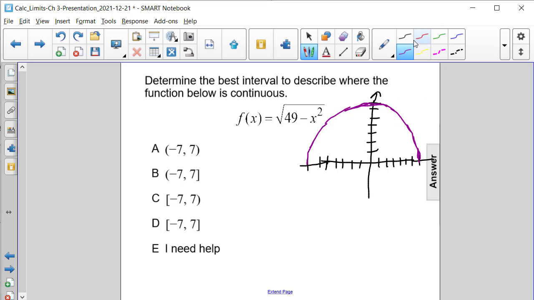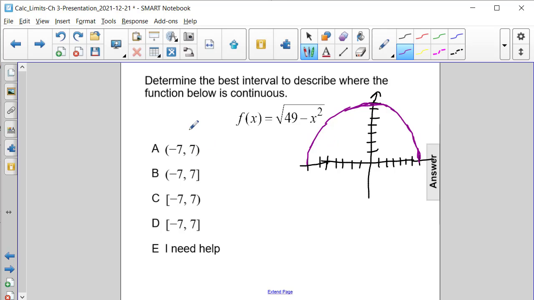Let's go through all of the criteria to see whether or not this function is continuous. First, does this function exist for all x values within the interval -7 to 7?